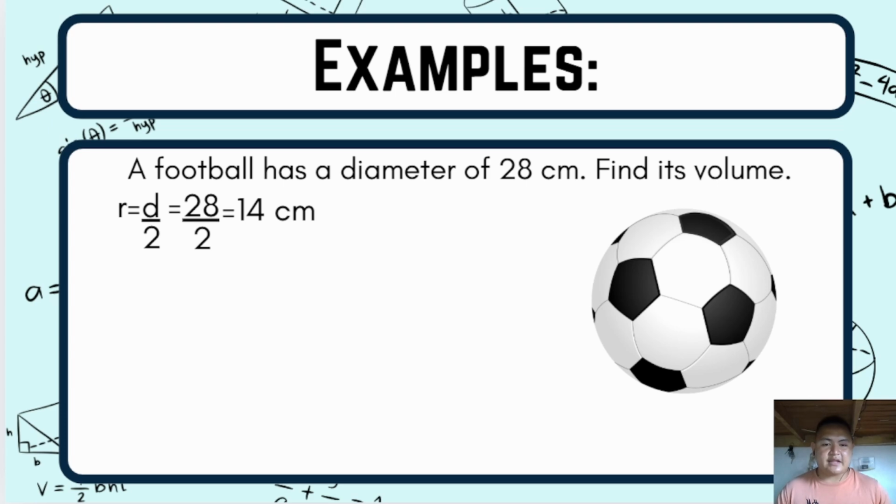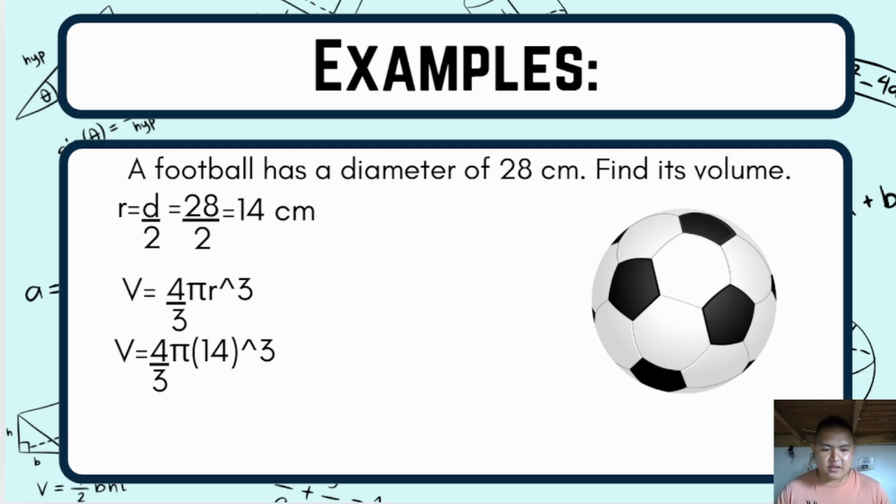So we're gonna input that in our equation to find the volume of the football. Volume is equals to 4 over 3 pi r cubed. So let's put our 14 centimeters radius in our equation. So our equation is gonna be volume is equals to 4 thirds pi 14 cubed.